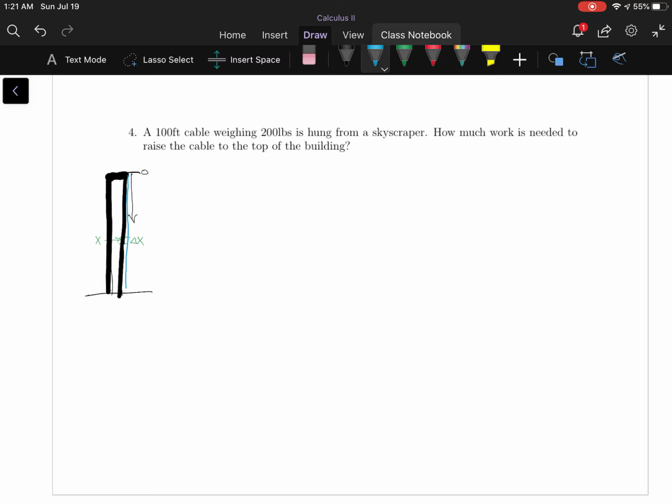And then I am breaking this rope up into very small intervals of size delta x.